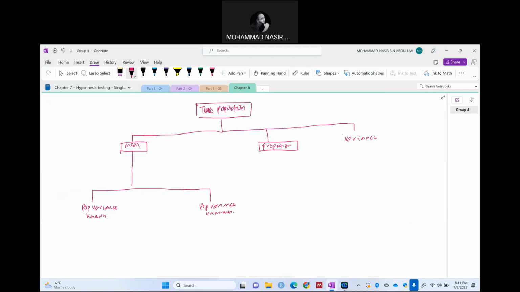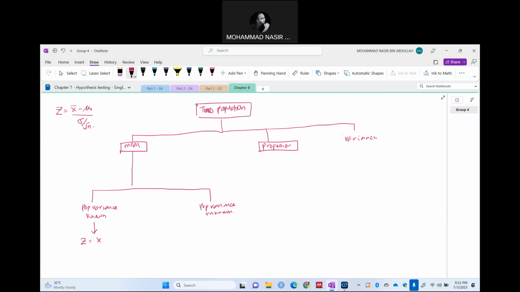When you have known population variance, the formula that we're going to use is the Z distribution. In this case, it's the same concept, right? If you compare with the single population, we have x bar minus mu naught divided by sigma over square root of n. So this is for single population.